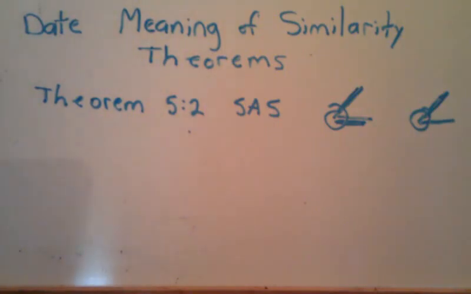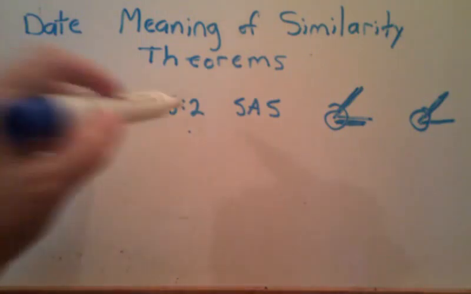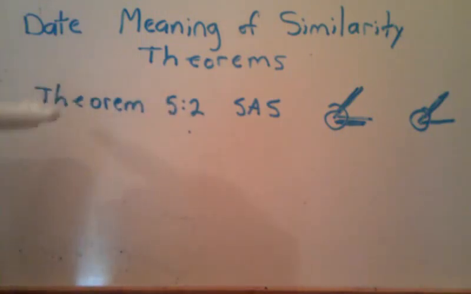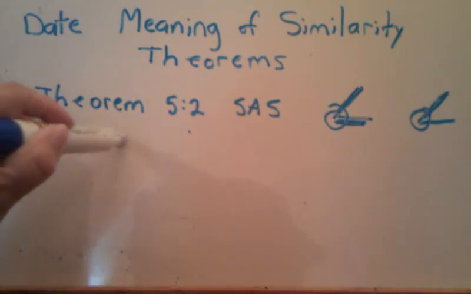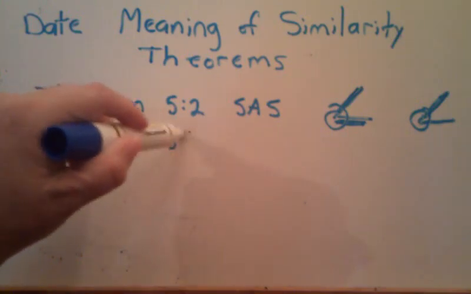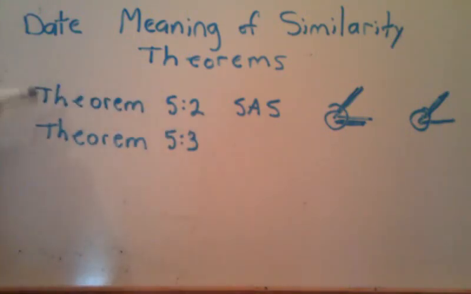Remember, similar does not mean the same size. It means it's proportioned. Make sure you write this theorem out on your theorem sheet. And then there's Theorem 5.3. This is what I want in your notes. On your theorem sheet, I want you to write this and I want you to write it out.